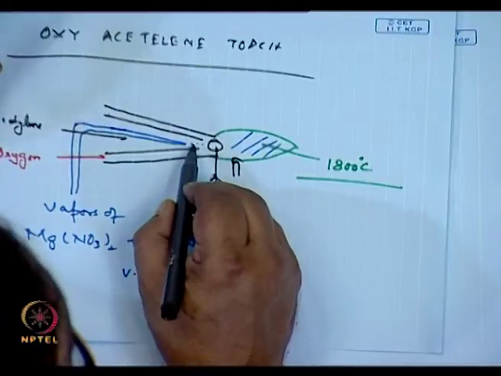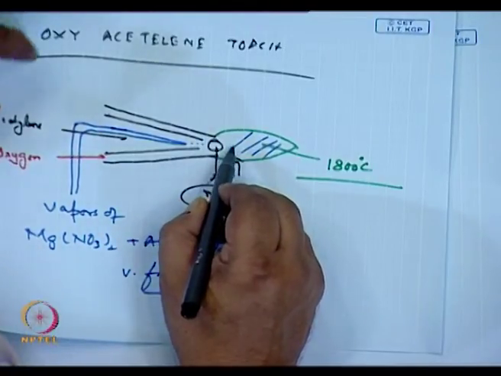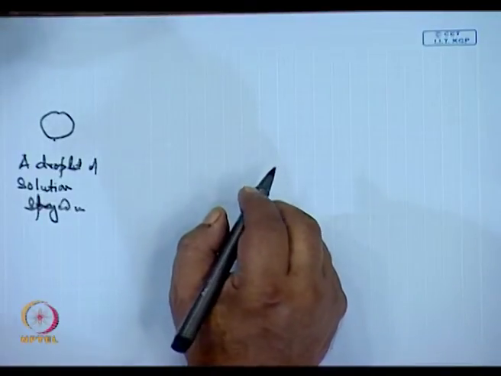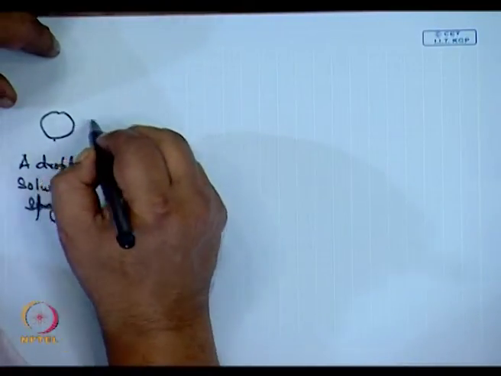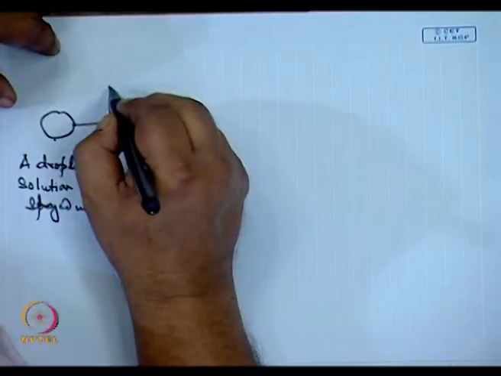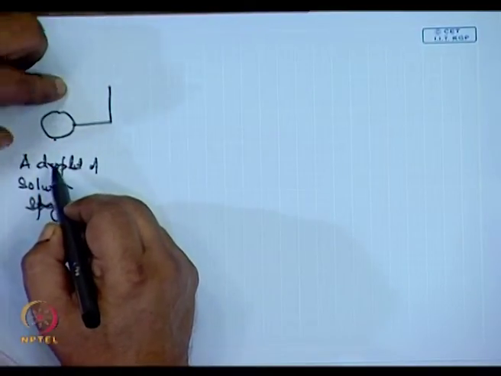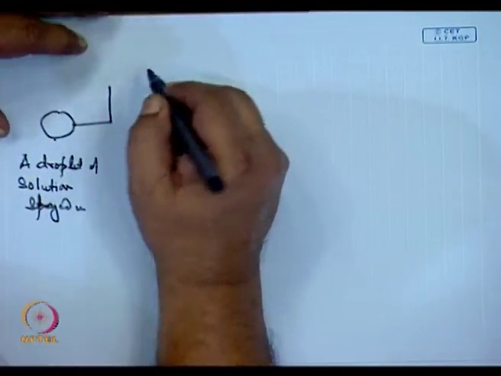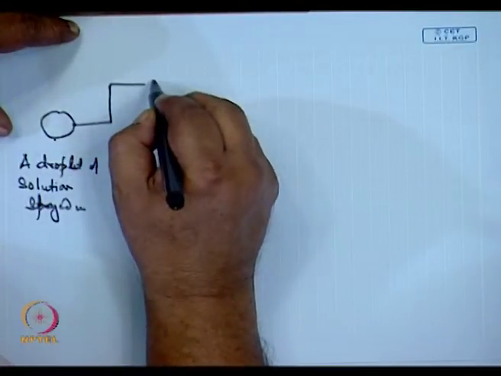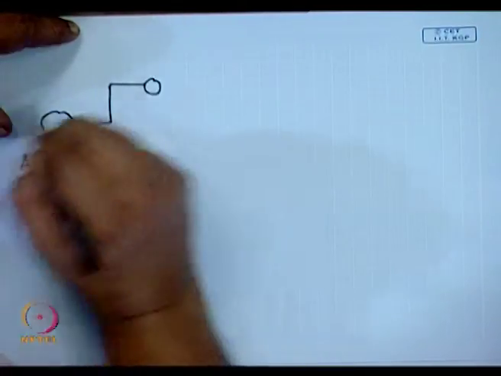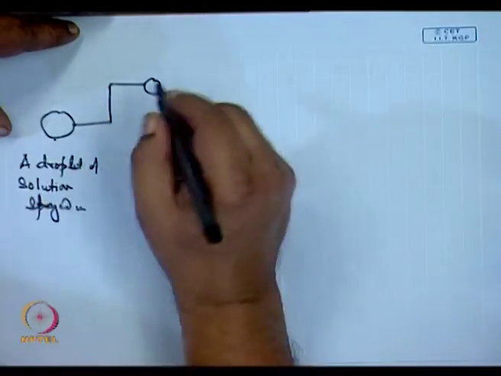When these droplets enter the hot zone over here, water may evaporate from the surface and it gets smaller.